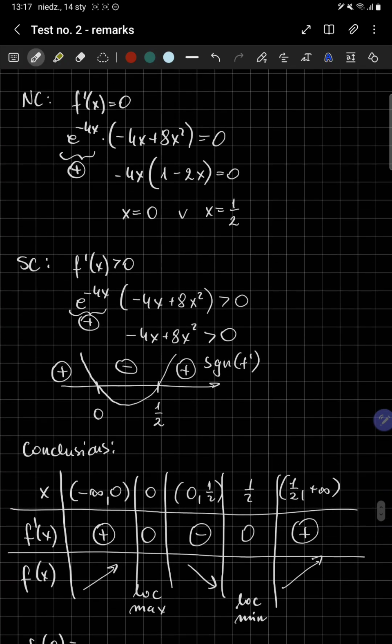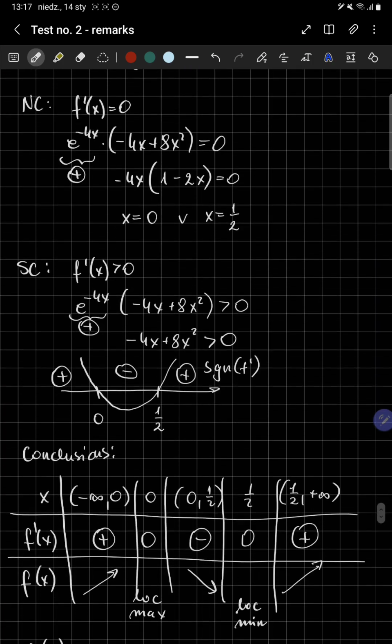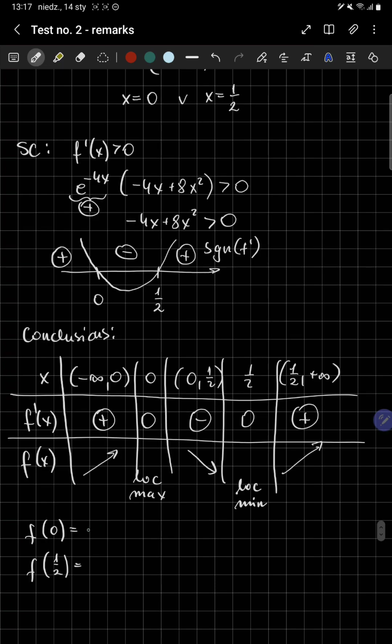So we will have, as you see here, minus 2x squared e to the power minus 4x, so minus 2 times 0 times e to the power 0, which is 0, and minus 2 times 1 over 2 squared times e to the power minus 4 times 1 over 2, which is minus 2 times 1 over 4 times e to the power minus 2, which is minus half e to the power minus 2.